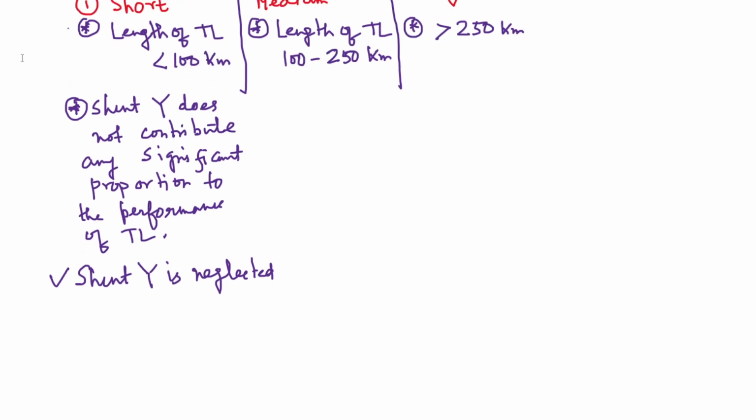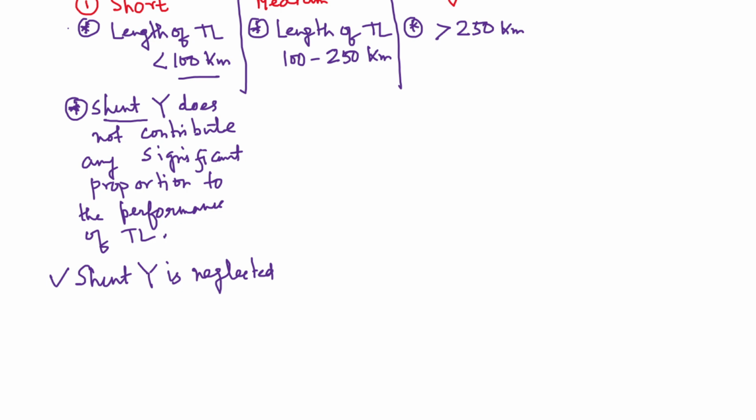So I repeat: in a short transmission line, as the length is very small, less than 100 km, if the overall model is analyzed, it is found that the shunt admittance does not contribute any significant part to the overall performance. Hence, shunt Y is neglected in the case of a short transmission line.